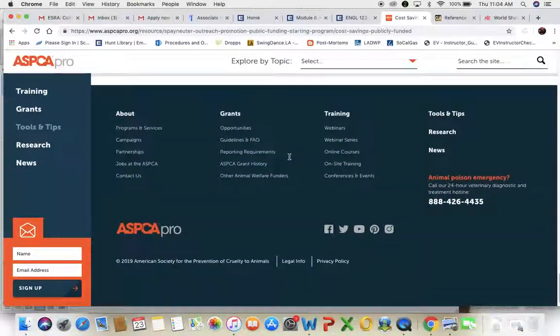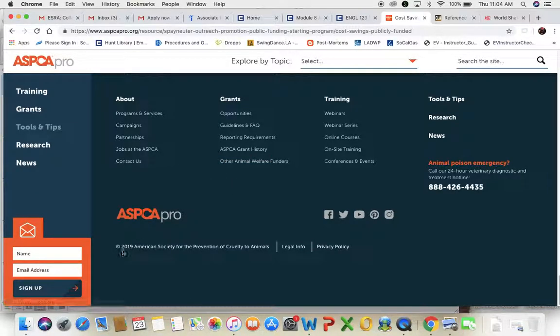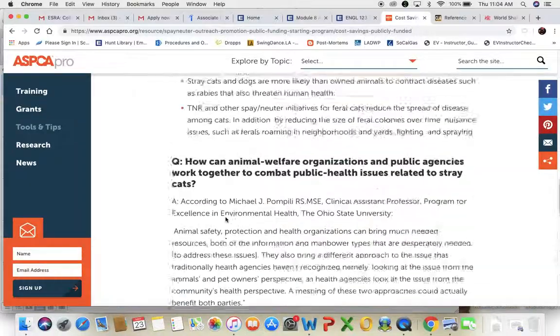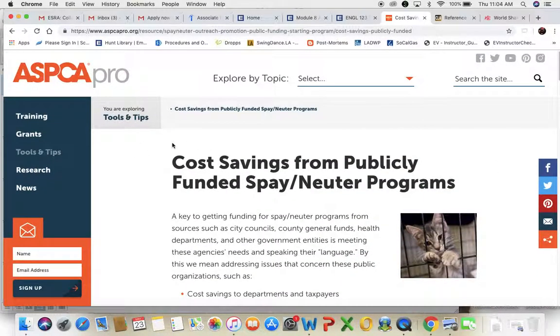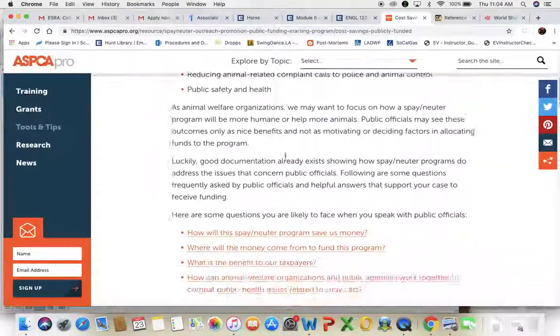The date you get from websites is always at the bottom, it's their copyright, unless there's a specific date for the article itself. In that case, they might say it up here, like written on April 20th, 2016. But this doesn't have that.